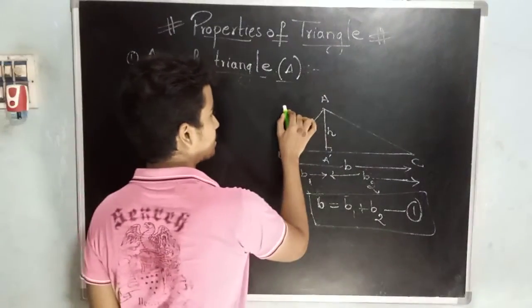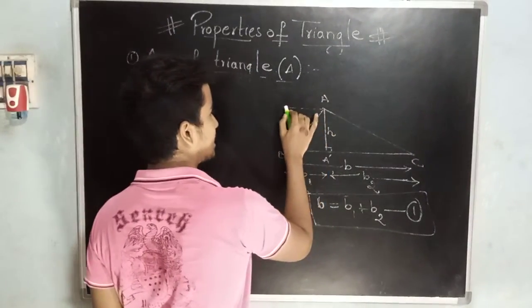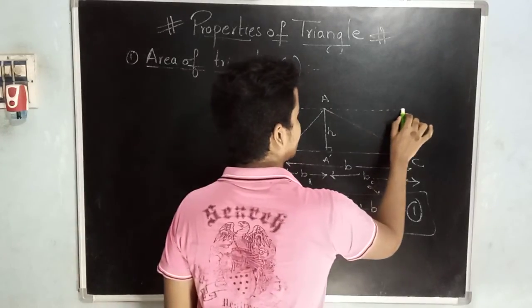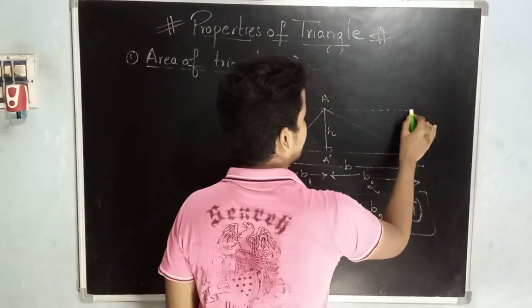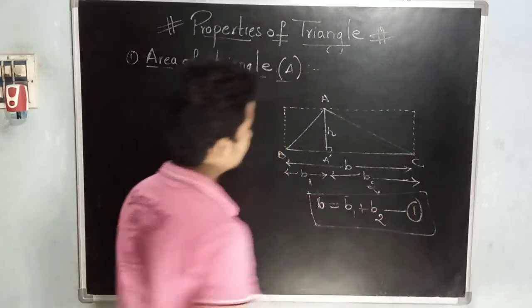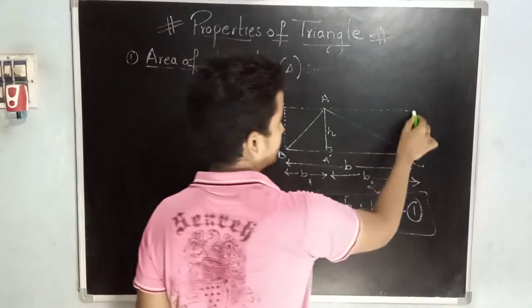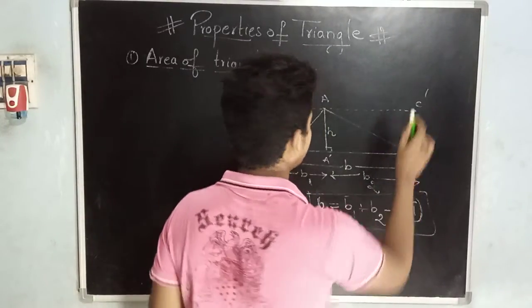Now let me draw some imaginary lines which represent two rectangles. Let me name one point B dash and the other C dash.